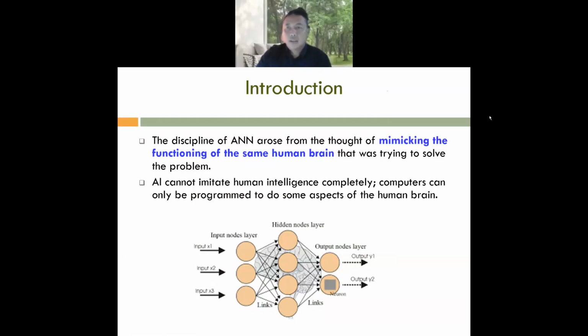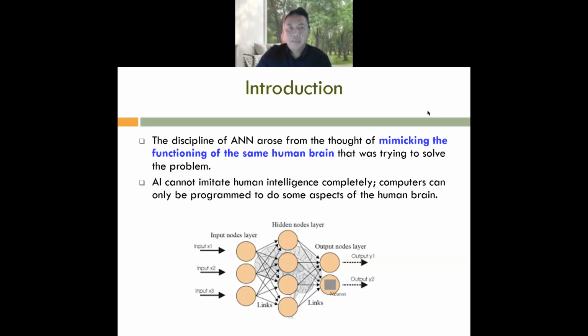Okay. So the discipline of artificial neural networks arose from the thought of trying to imitate the functioning of the human brain. Basically, they try to mimic human intelligence. But AI cannot imitate 100% of human intelligence.